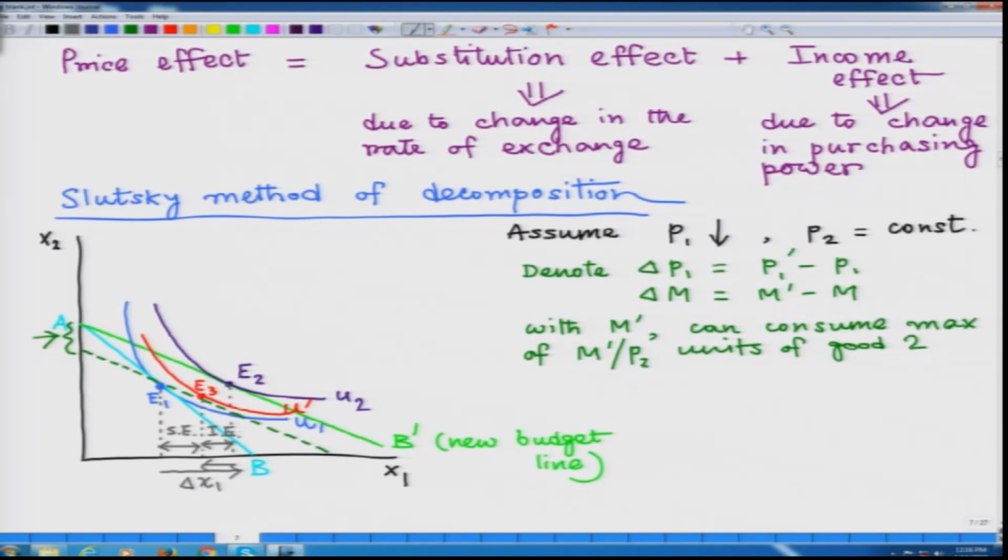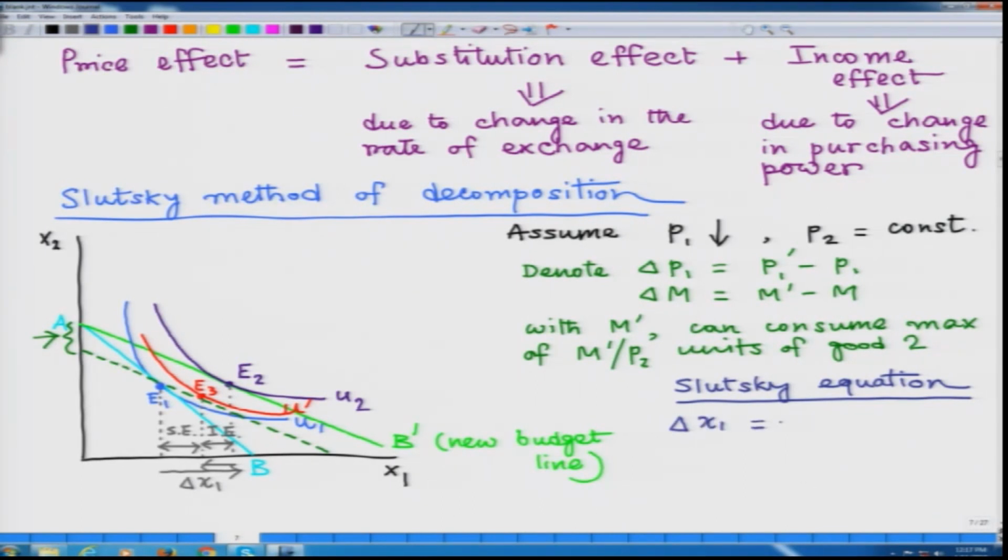Now, let us express this in mathematical notation. Let us express the Slutsky equation first. Let us introduce some new symbols. We have already introduced this symbol for the total price effect, which is delta x1.